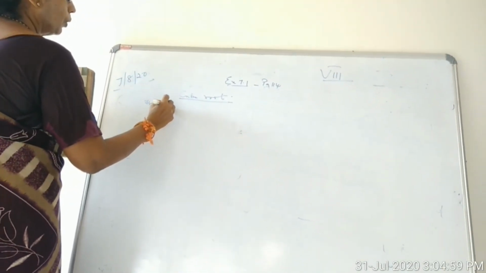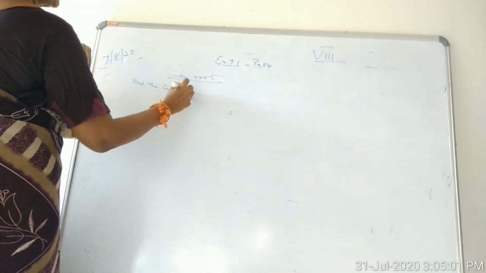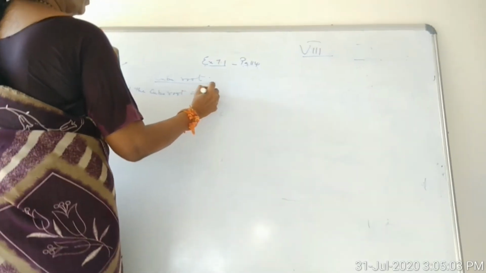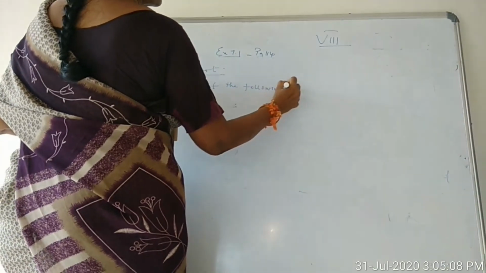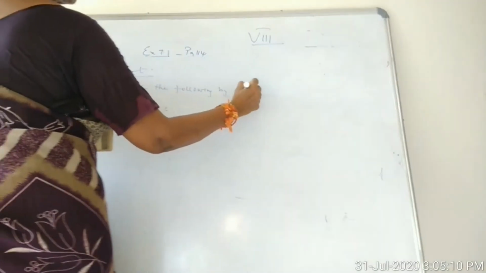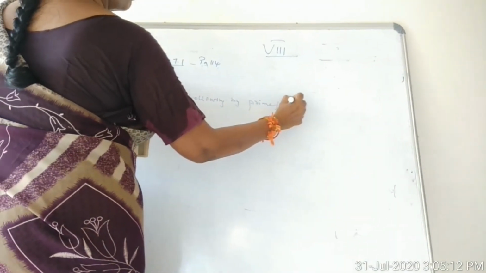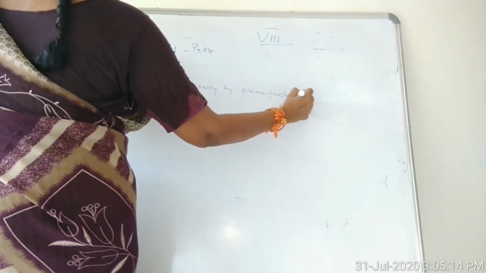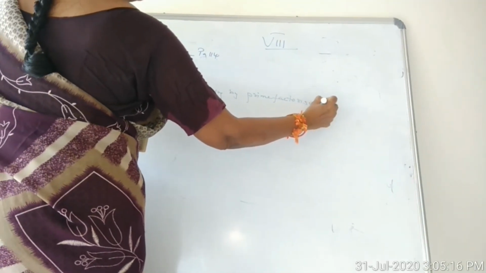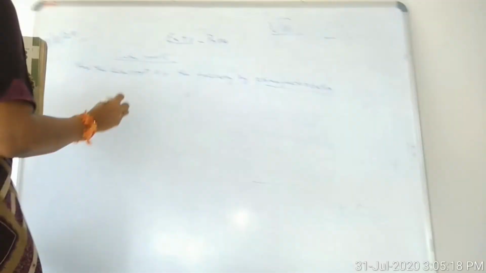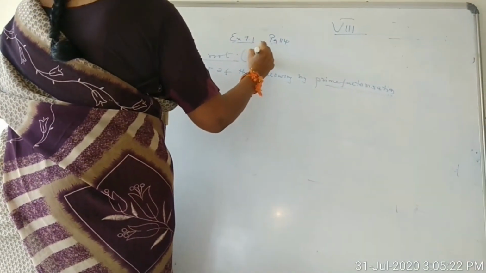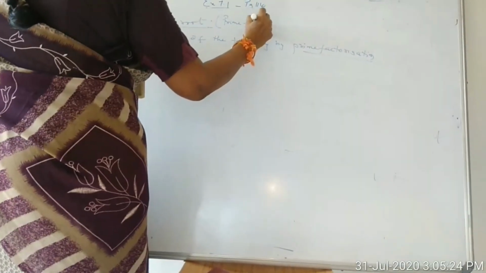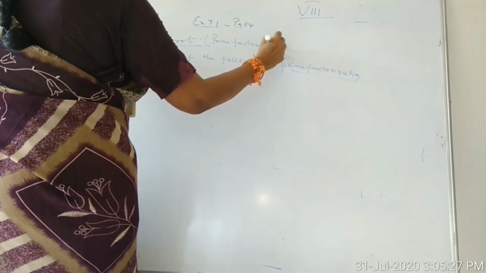Find the cube root of the following by prime factorization. Only one method, children. Cube root by which method, children? Prime factorization method.